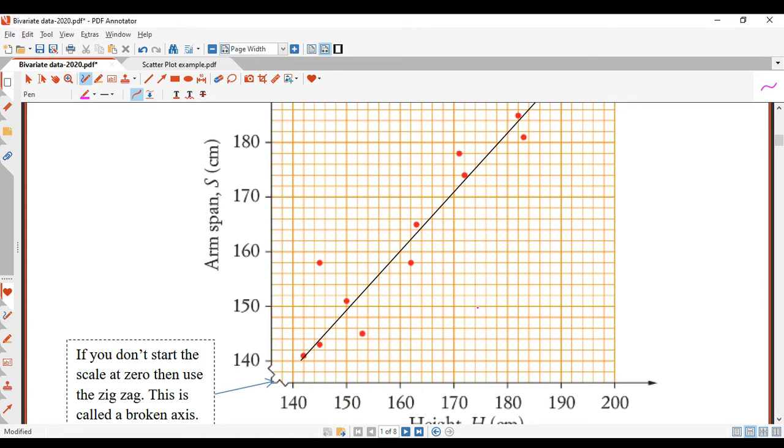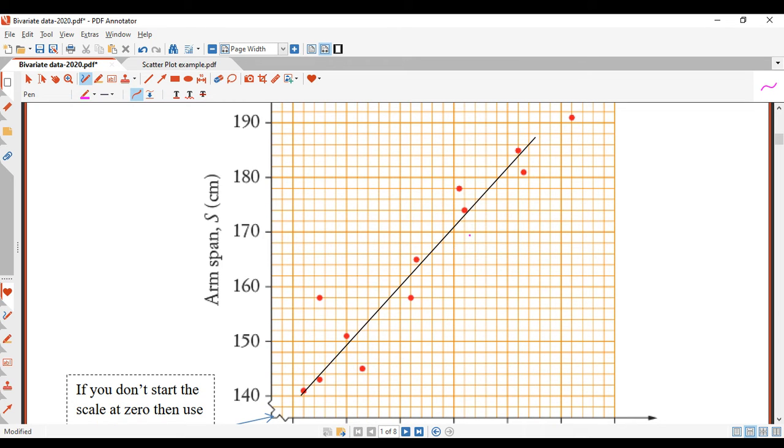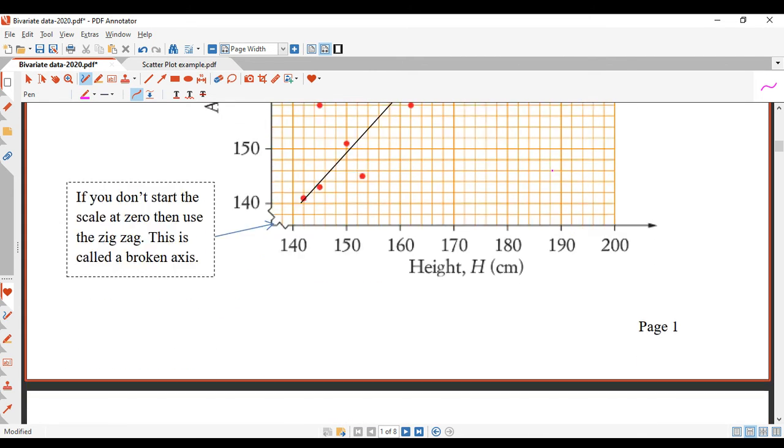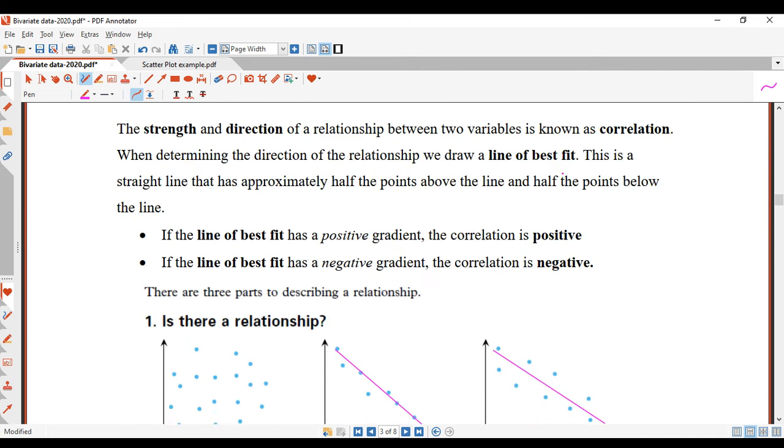And then you've got to describe this as a strong correlation or weak. It seems to be, well, I'd say probably medium. You've got a few points off there, but it's definitely not weak correlation. I'd say strong and positive. Strong and positive correlation.